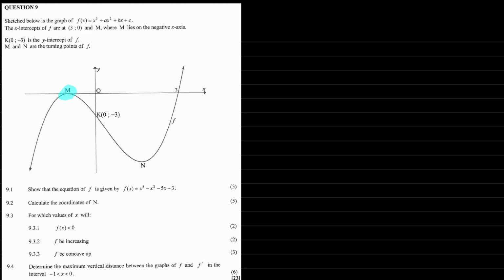this m point is going to help us to get the equation of this function. The question reads, show that the equation is given by. Now, when you want to find out the equation of a cubic function and one of the x-intercepts is also a turning point, then the equation of that function can be written as a into x minus x1 all squared and then x minus x2, where x1 is the x value for the turning point.